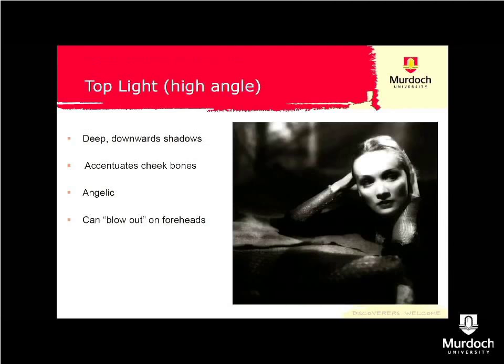Top lighting. It's a style of lighting that was particularly in vogue in the 20s and 30s. But I'm very much in favour in the movies. I think it was Greta Garbo who insisted on all of her lighting being top lighting. And what this does, as you can see, is create very accentuated cheekbones.